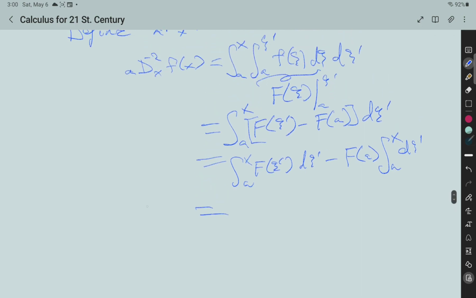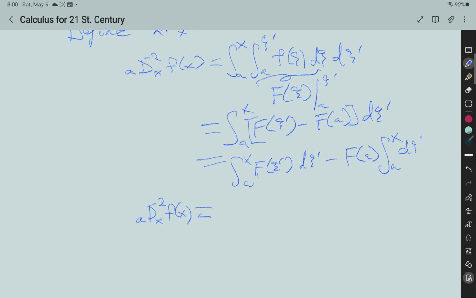All right. So the left hand side is D to the minus 2 on some function f of x. This f of x can be the image of the picture or something, equal to, what does this integrate into?